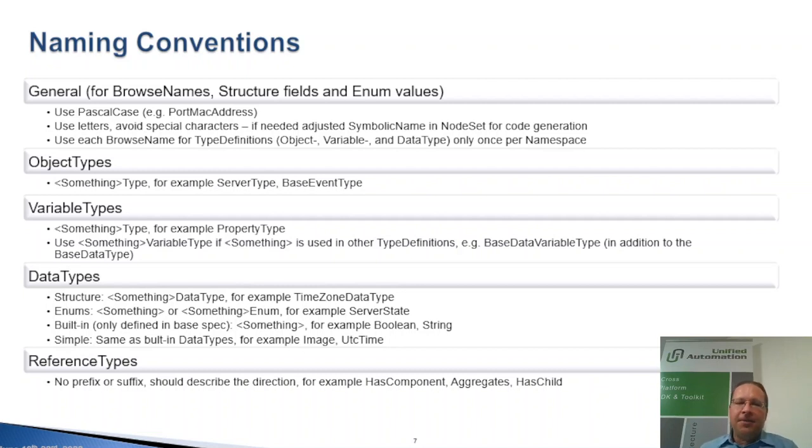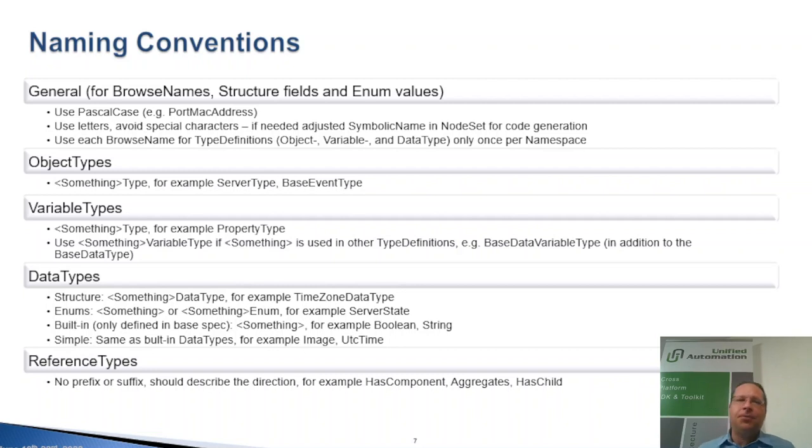For data types, structures with data type at the end. For enums, just use a normal name, or if you like, to some companion specs, put an enum at the end. Built-in data types, you don't need to think about them. They are only defined in the base spec, so you have no control over that anyhow, and you can derive from these built-in data types, and in that case, you should also not put anything on in addition to that.